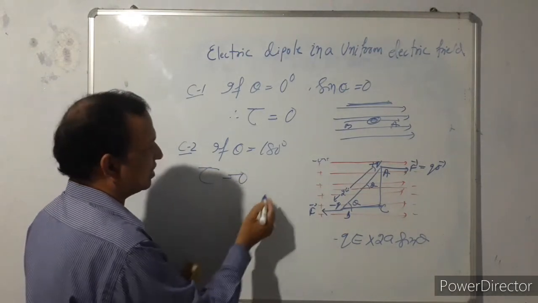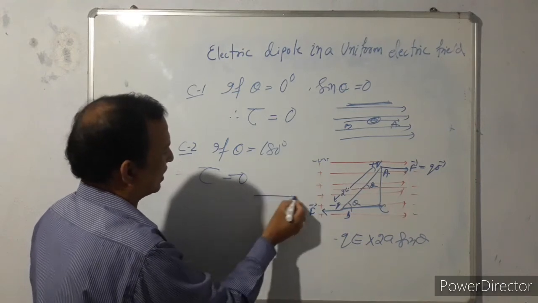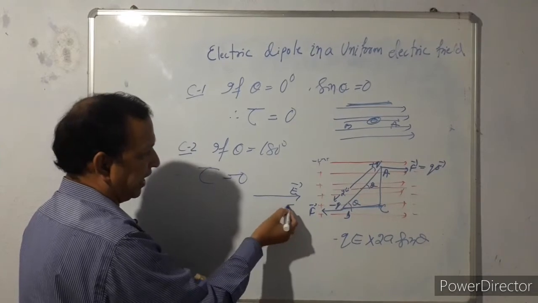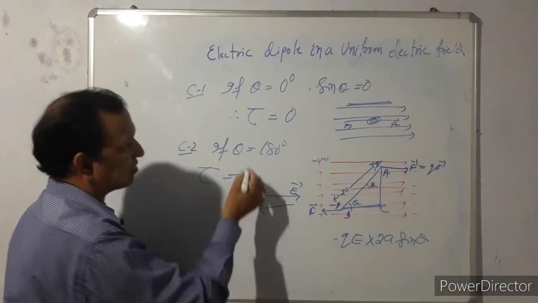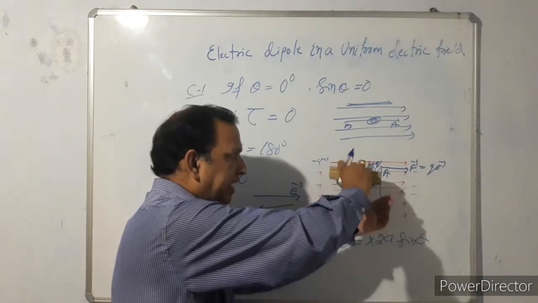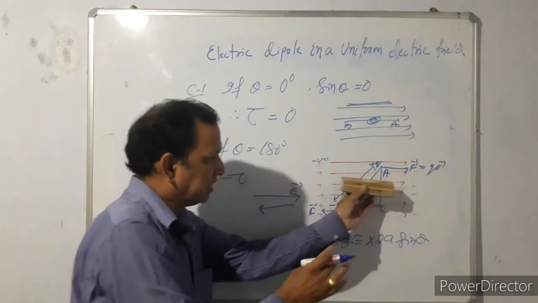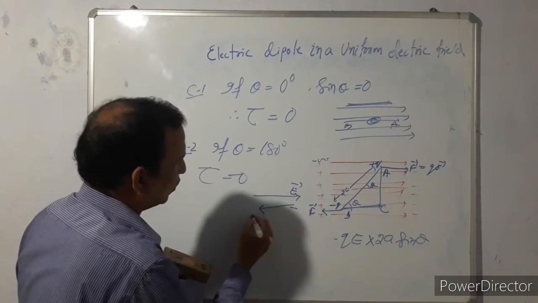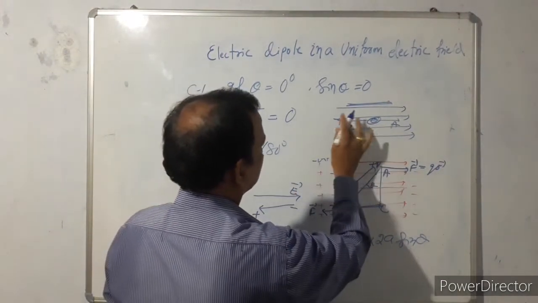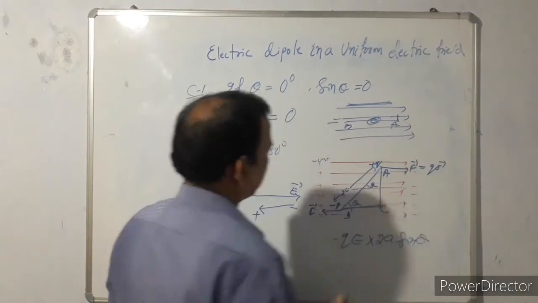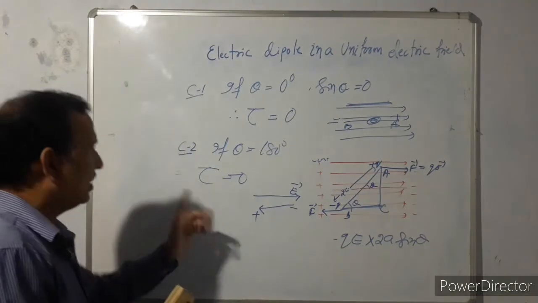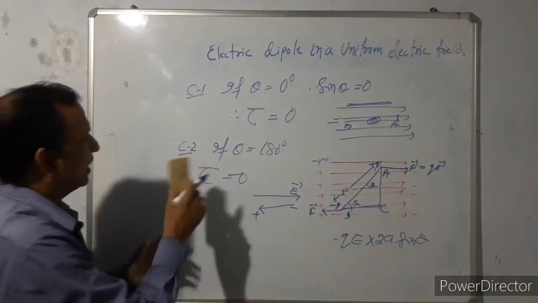The electric field is in one direction and the dipole is in the opposite direction, from negative to positive. So the torque is 0.